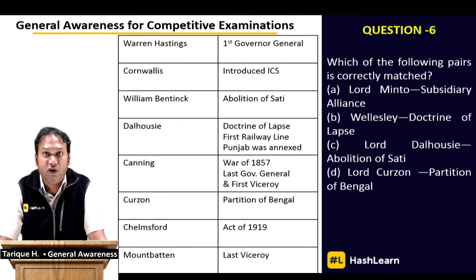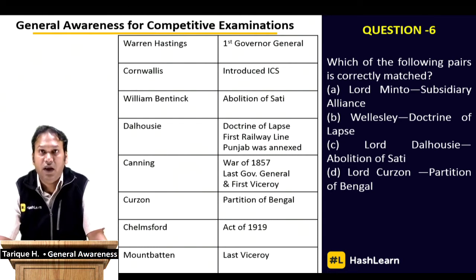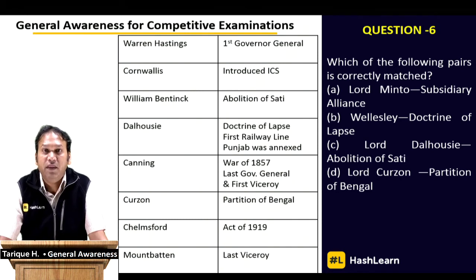They said that if the head of the princely state, the king or queen, does not have any legal heir, any son or daughter who can inherit the throne, then by the doctrine of lapse, the kingdom will automatically become a part of the colonial empire.